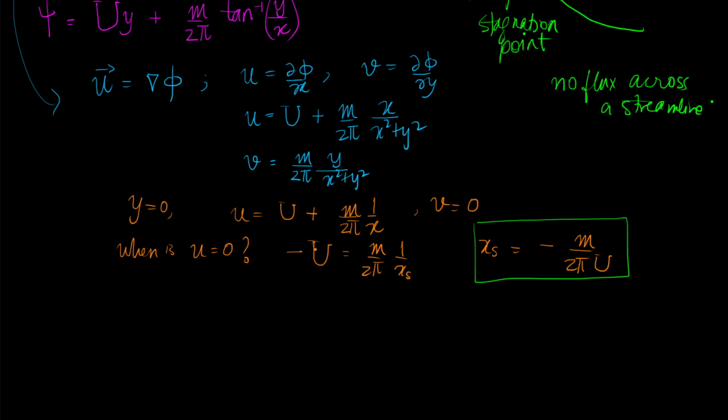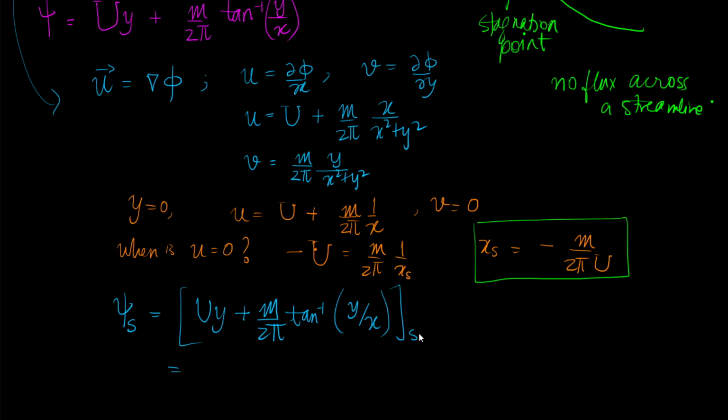Let us find out the value of the stream function at stagnation. So the stream function is given by Uy plus m upon 2 pi tan inverse y by x. So we'll substitute y equal to 0. If this is the stagnation point, then y will be equal to 0 and x will be equal to this.